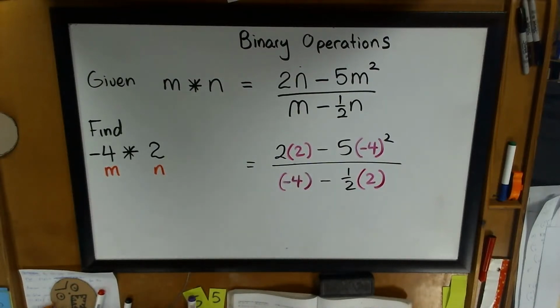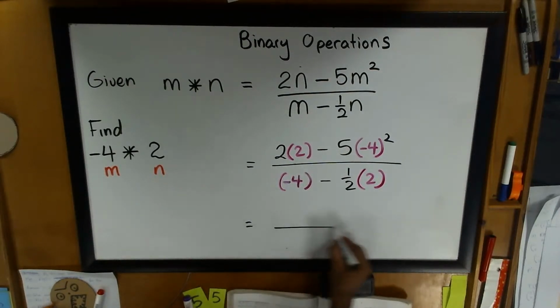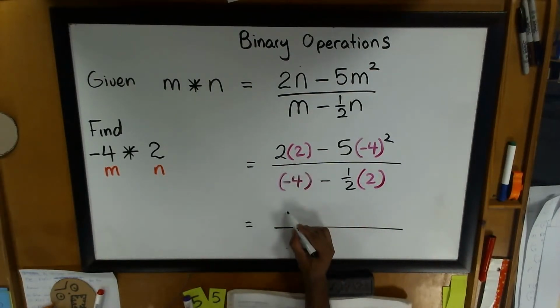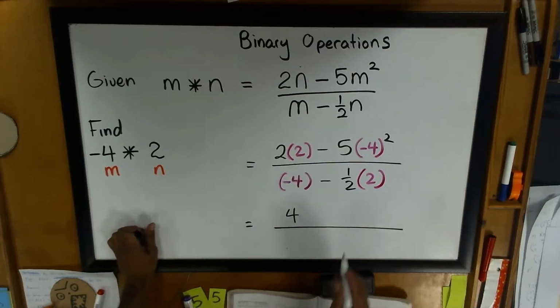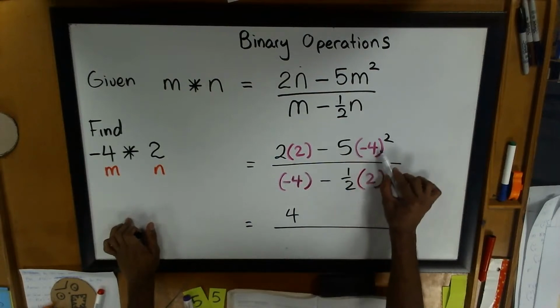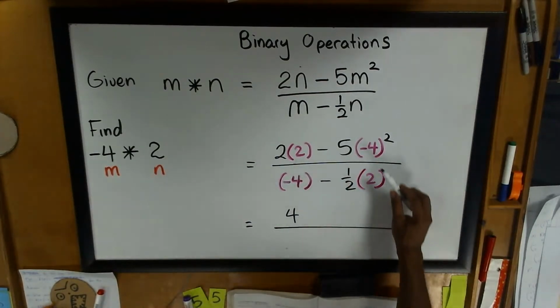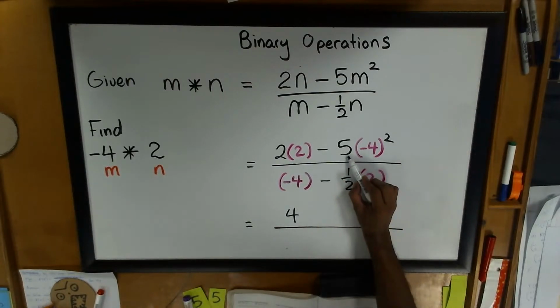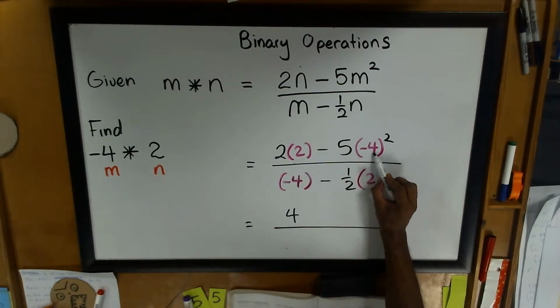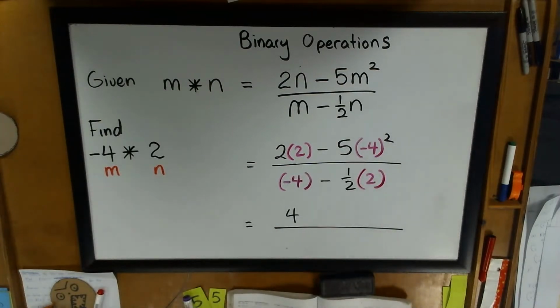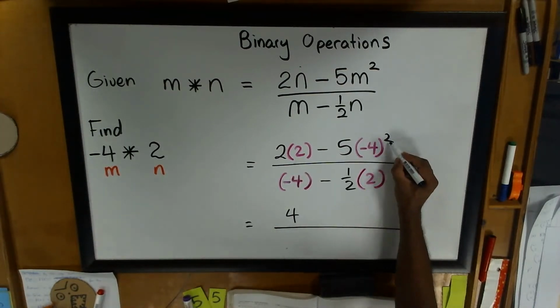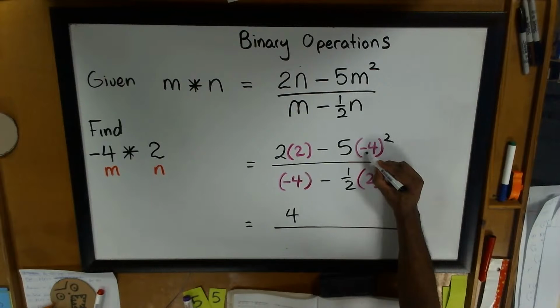So let's work this out. 2 by 2 is 4. Now here, the reason I chose the minus 4 was for this reason. I want to show you how to work out this situation, as a lot of people get it wrong. What they usually do is multiply the 5 by the minus 4 and then square it. Don't do that, guys. You have to square it first.